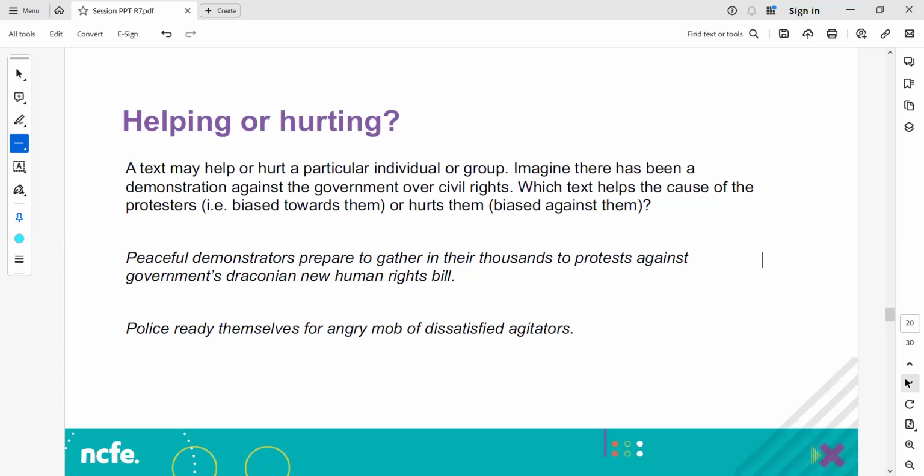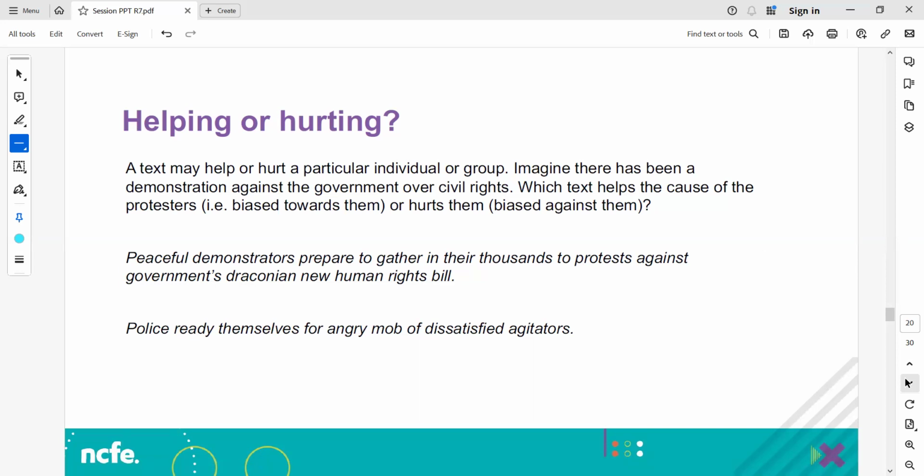So what about the second sentence? How is it hurting them? How is it biased against them? Angry mob. Good. So rather than peaceful demonstrators, they're described as an angry mob of dissatisfied agitators.